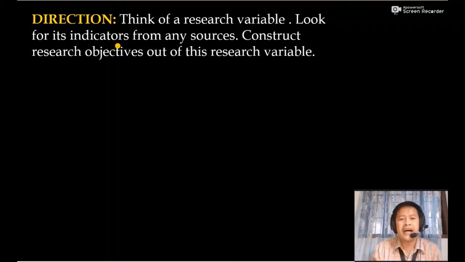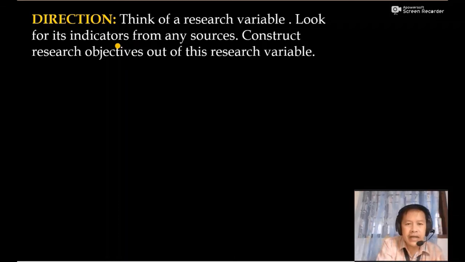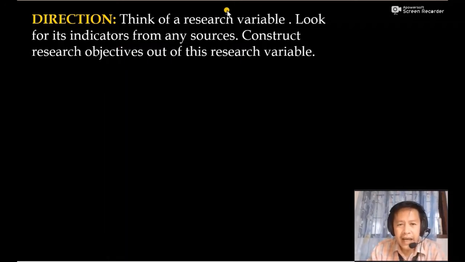And these entities are ideas or concepts which are related to the particular problem. You can look for your research variable and its indicators from any sources. It could be primary sources. You can interview someone. You can conduct a focus group discussion if you want to know what the indicators of this particular idea are.